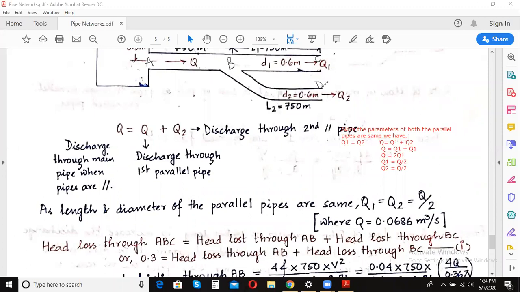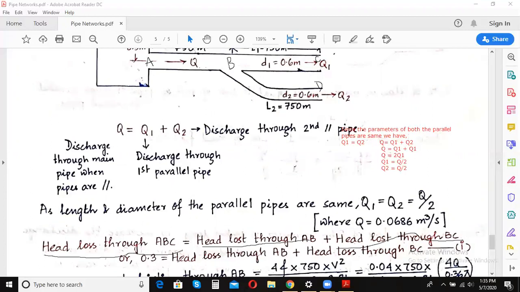Now what can we write? We can write that the head loss occurring through ABC is equal to the head loss occurring through AB plus the head loss occurring through BC. We are simply summing up these two head losses together.